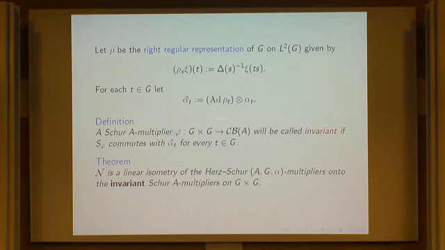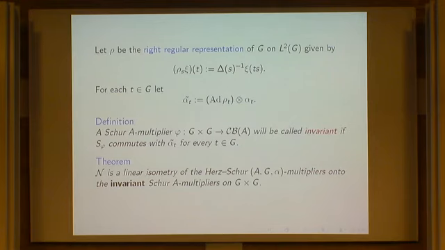So again, Schur multipliers give rise to completely bounded mappings on the compact operators tensor A. I'm singling out those which commute with another action there, namely this action, and what I get is precisely the Herz-Schur multipliers, the ones that will leave the crossed product invariant.